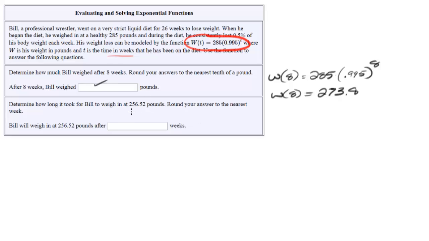The second answer, we want to find out how long until Bill weighs 256.52 pounds. In this case, for this problem, we want the output of this function to be 256.52, and we need to solve this equation for t.